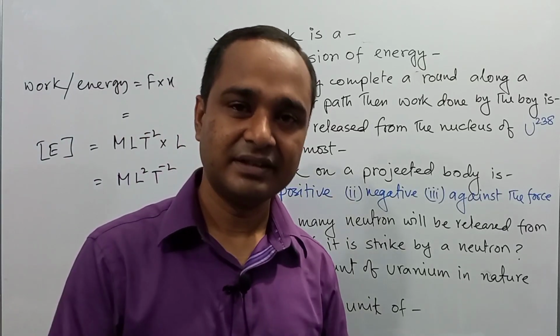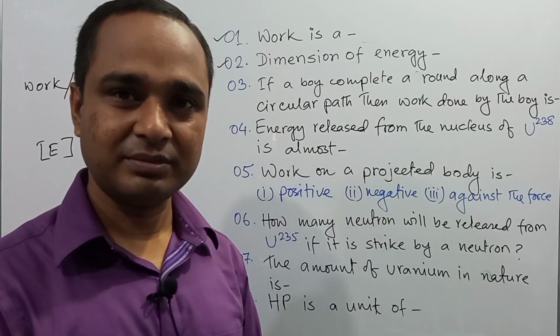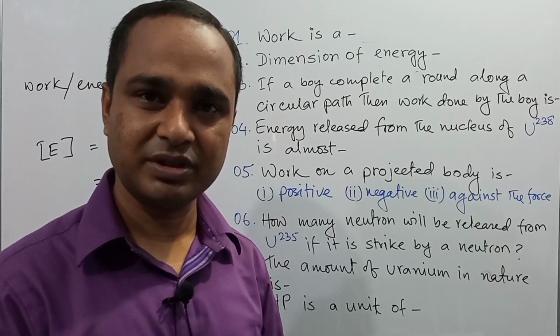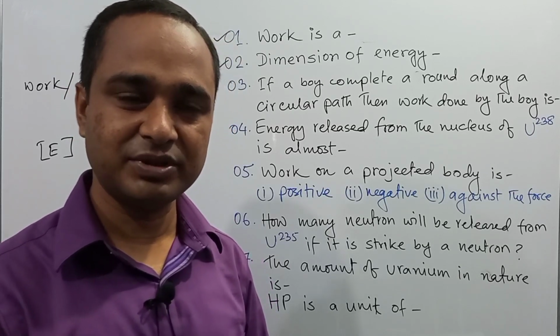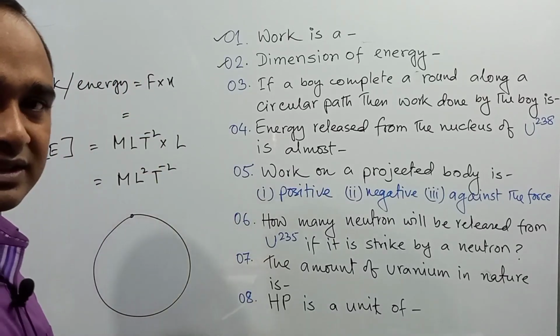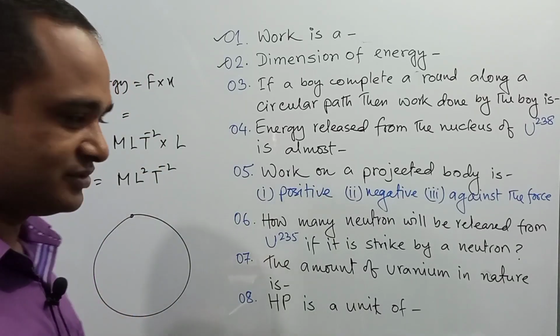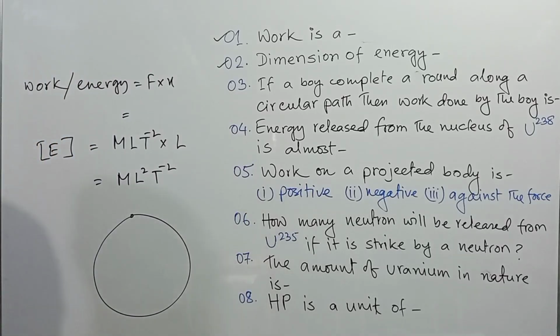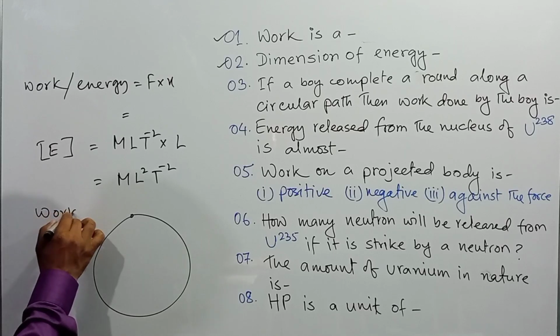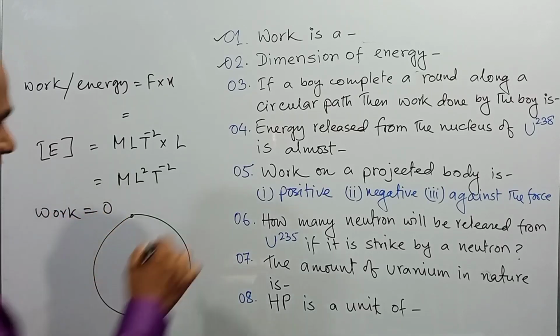So in that case the displacement of the boy will be 0 because the initial point and final point of the boy will be the same. So displacement will be 0. So work done by the boy, force multiplied by 0, will be 0. So work will be 0, right?